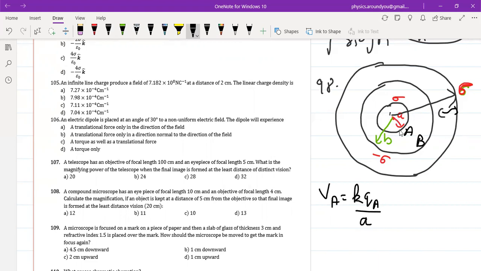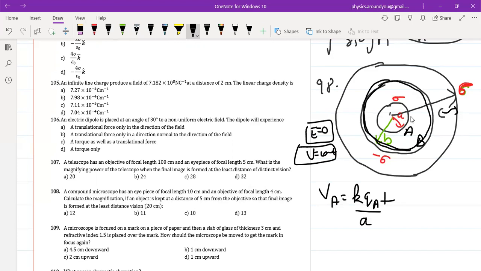So it is K charge on A by distance, plus it also has a potential due to the charge on C. But we remember something: inside any shell, the field is zero. If the field is zero, then potential has to be constant.